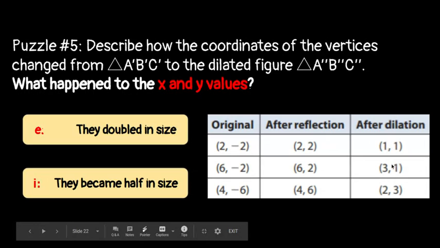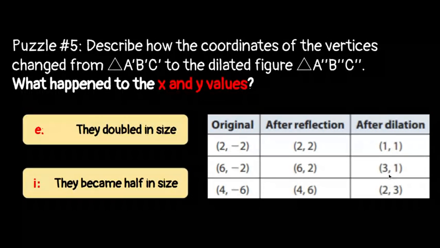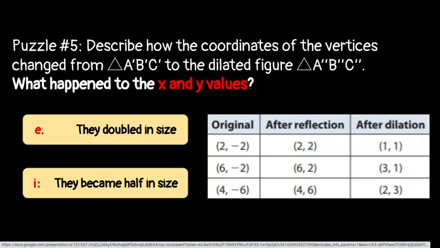Did they double in size, or did they become half their size? We can see they become half their size because half of 2 is 1, half of 6 is 3, half of 4 is 2. So they became half their size. So our answer would be I.